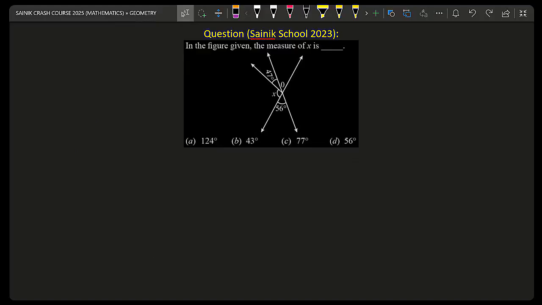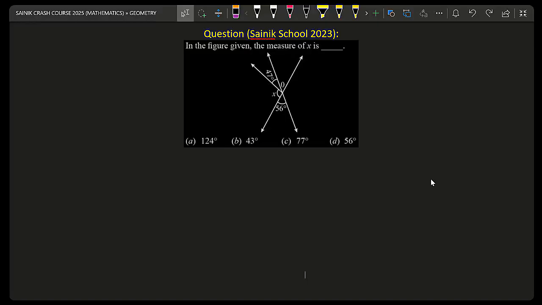Who is answering this question? Very simple. Vishnu, read the question again. In the figure, the measure of x is. How to calculate the value of x? Sir, the total angle is 360 degrees. Okay.